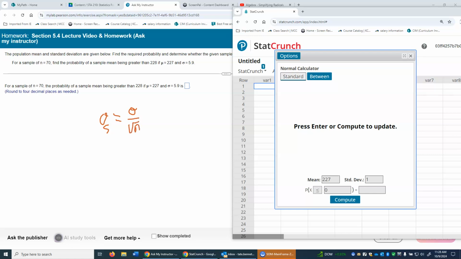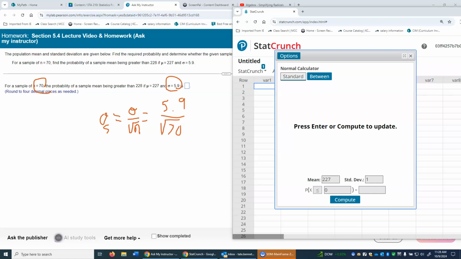And so we'll have to break out a calculator here and find this. That's 5.9 divided by the square root of 70, the sample size. The sample size is 70, and the population standard deviation is 5.9.